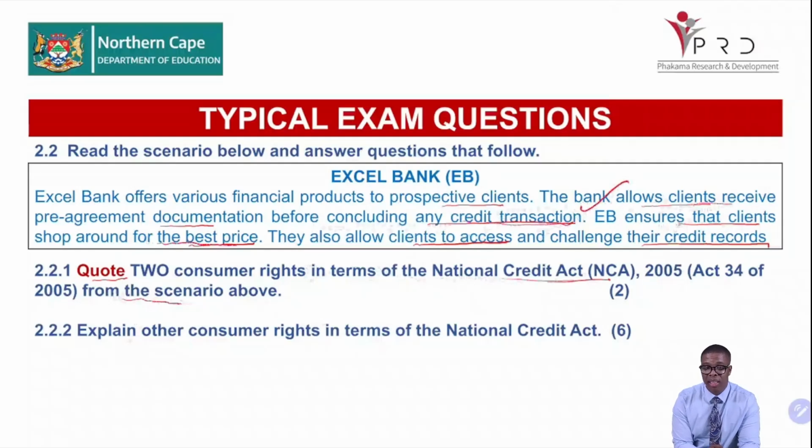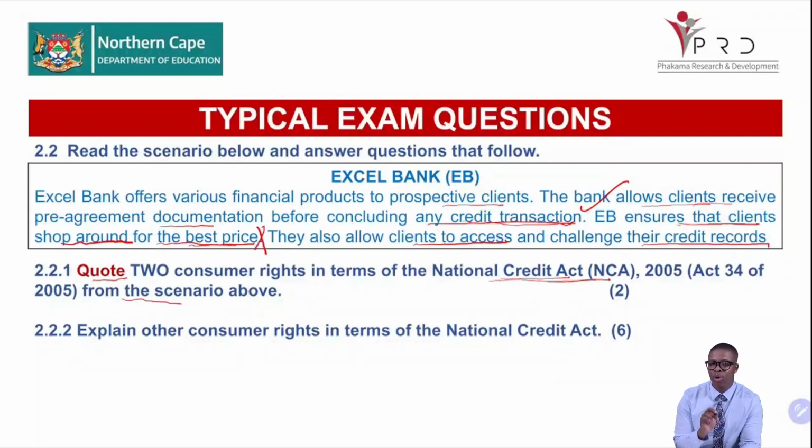In whatever financial products they are offering, you are allowed to shop around and decide on the interest rate or the type of loan that they want. Do we consider that to be a consumer right according to the National Credit Act? No, because immediately you see shop around, it talks to the consumer right according to consumer protection. So this is incorrect. It cannot be quoted.